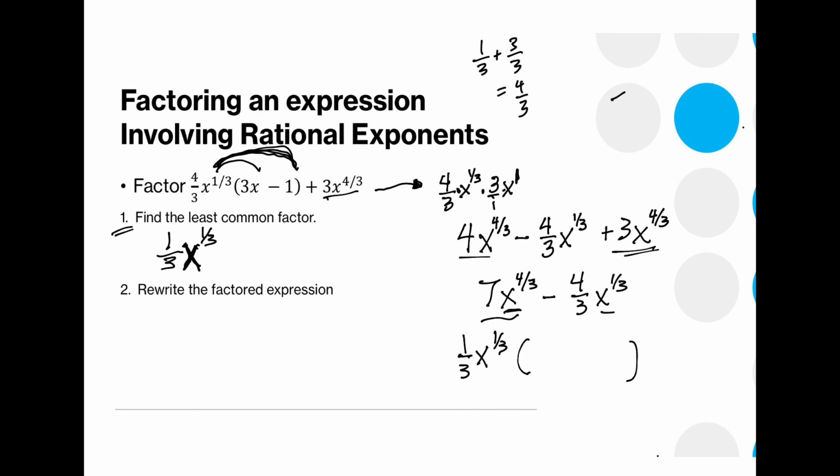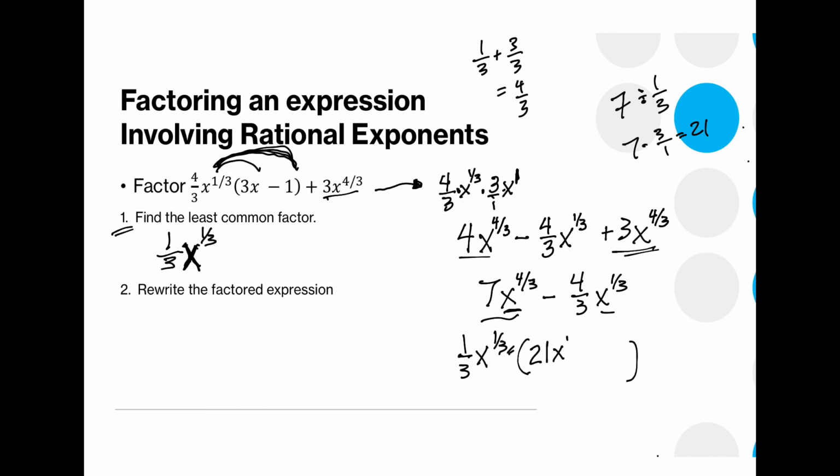As we divide each of these by 1/3, 7 divided by 1/3. When we factor, we're dividing, we're unmultiplying, which is dividing, which is the same as 7 times the reciprocal, 3/1, so we actually get 21. So that leaves me with 21, and then 4/3 subtracting the 1/3 that I'm taking out leaves me with 1.